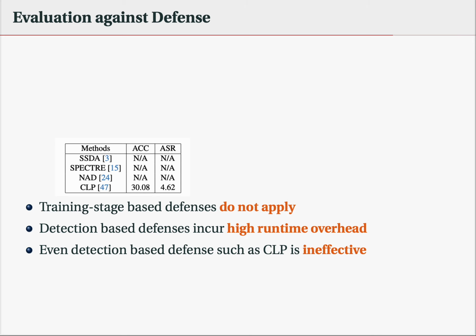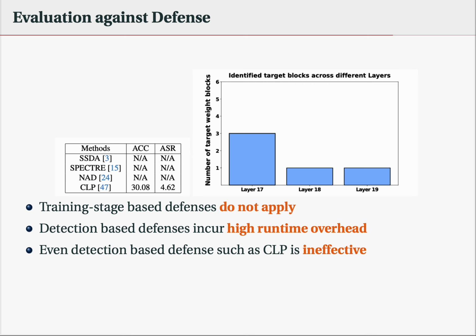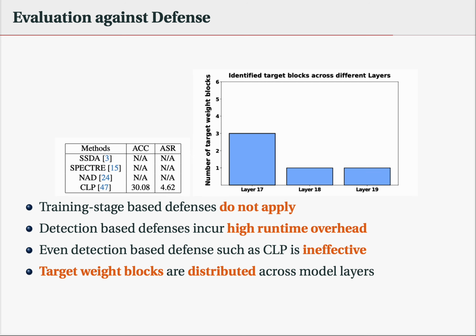However, even after applying a detection-based defense such as CLP, we find that it is ineffective. On top of this, the target weight blocks, which are the most vulnerable weight blocks, are distributed across model layers, which makes this attack even harder to detect or defend.